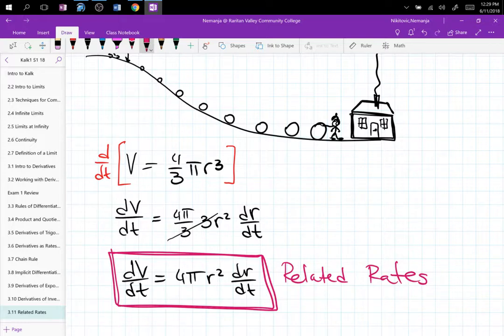I just gave you dr/dt, and I gave you r, you plug those two numbers, and you get your dV/dt. So the key for these problems is to read carefully, and from the text, pick up which variable is which, and just plug everything in, and that's it.